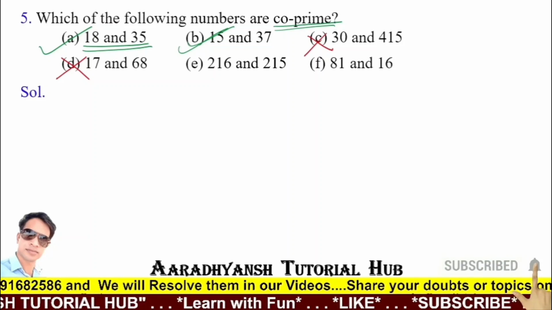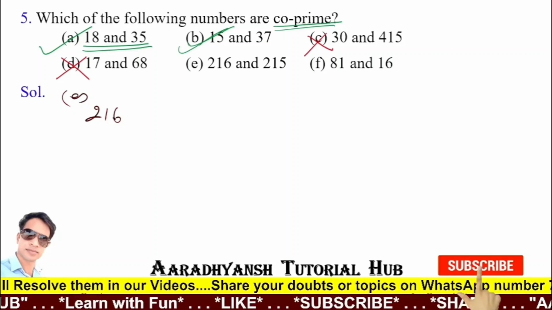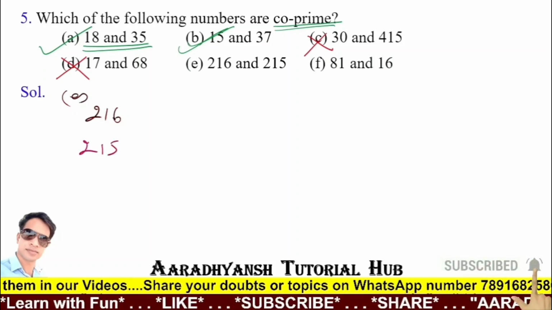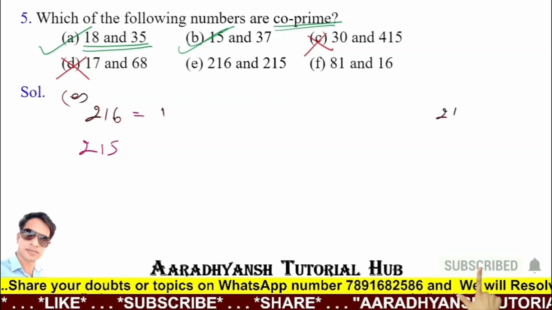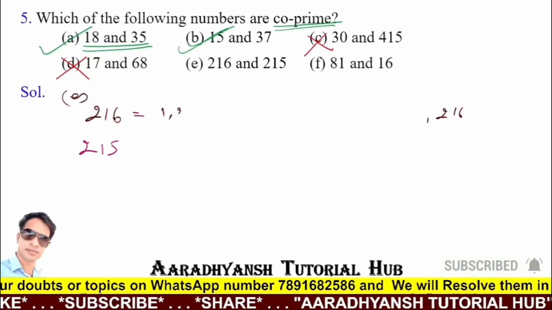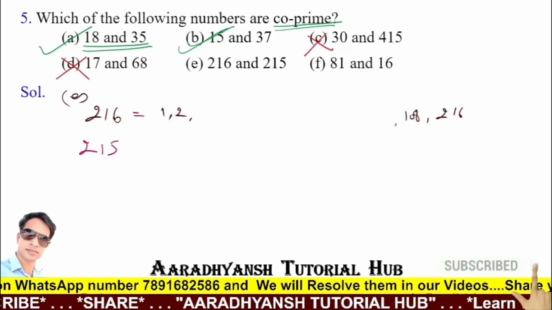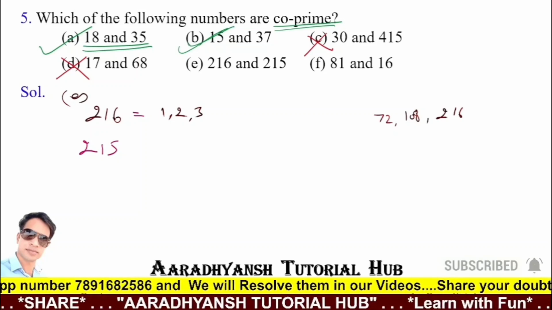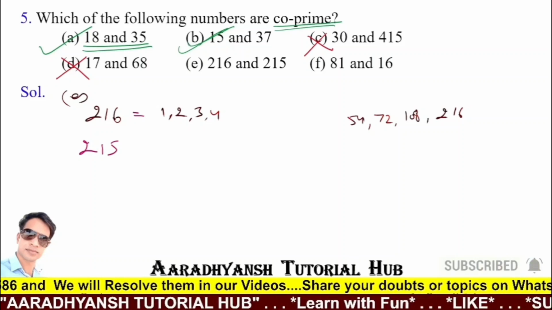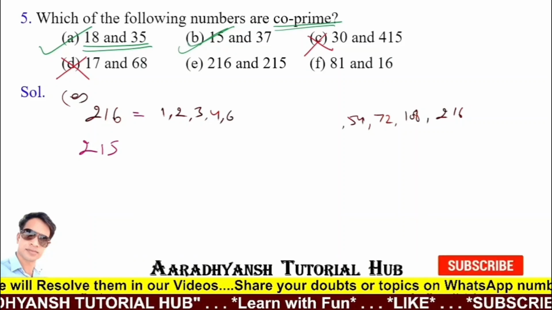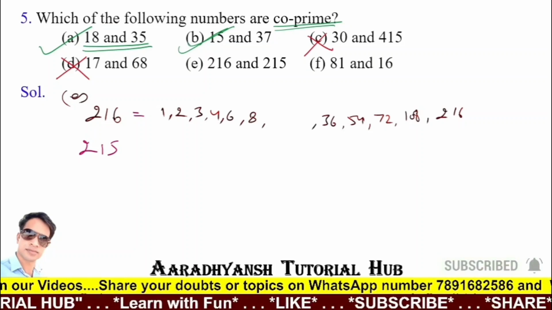Now question E is 216 and 215. Here factors of 216 are 1 and 216, 2 and 108, 3 and 72, 4 and 54, 6 and 36, 8 and 9.